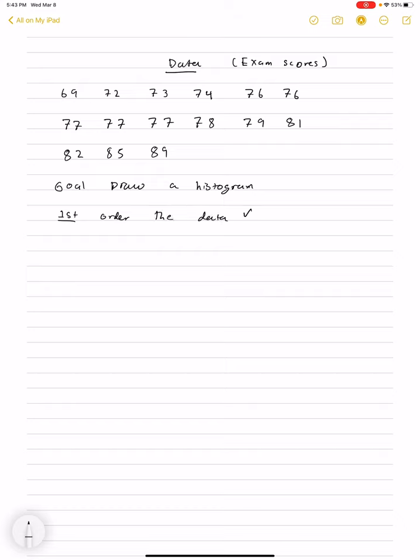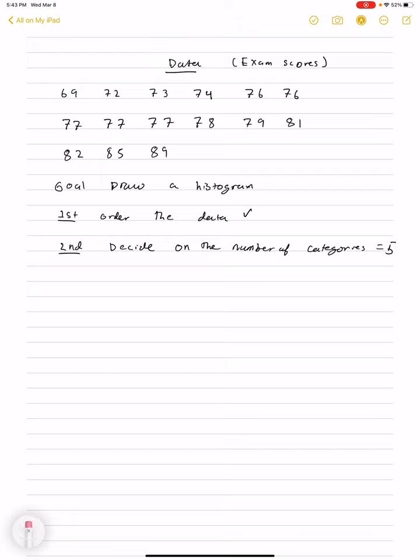So that's a check. The second thing to do would be to decide on the number of categories or boxes or bins. So here I'm going to set this equal to 5.